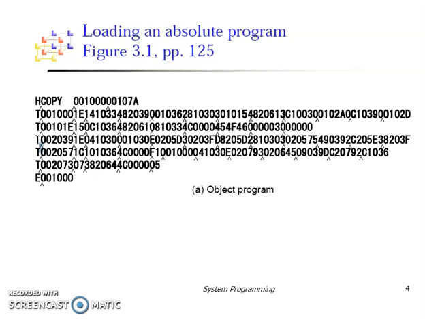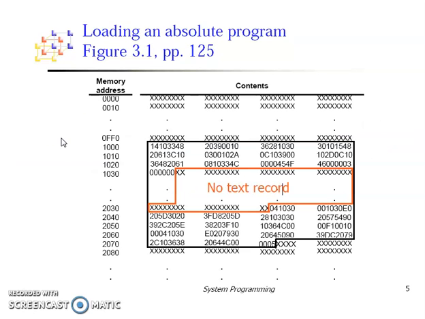Then another text record starts from 2039. From the previous location till 2039, no text record is loaded, and nothing will be there in that memory. The remaining text records are loaded into memory based on their addresses.